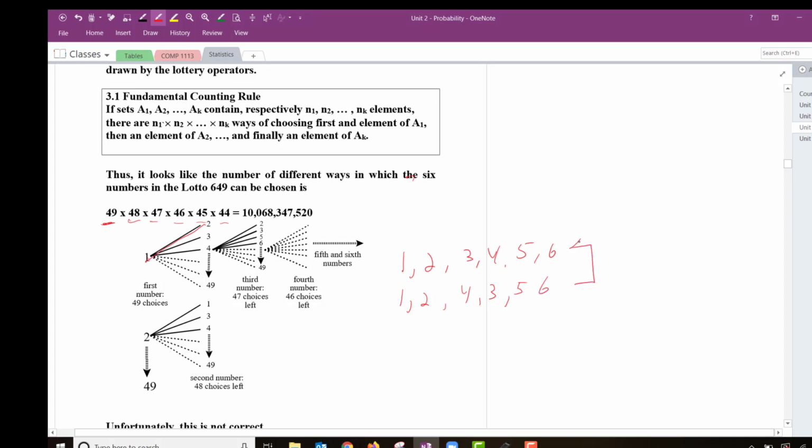These two things are the same. They're the same 6 numbers. So we're counting groups of 6 multiple times, like they're appearing more than one way. Each group of 6 occurs a bunch of times.